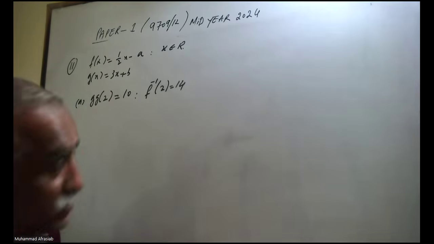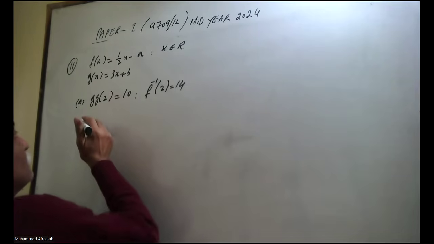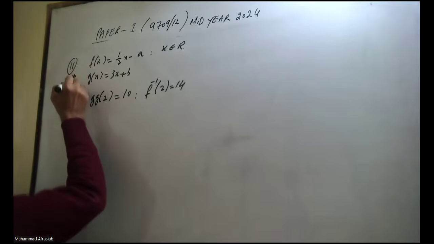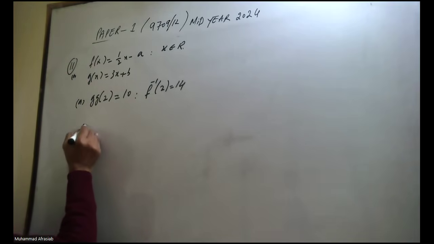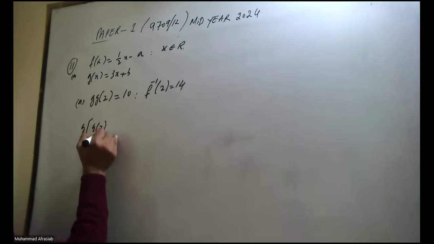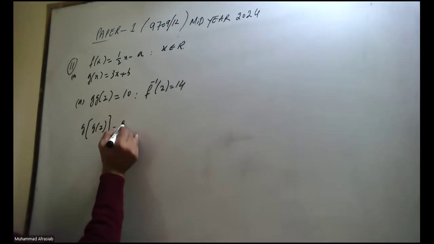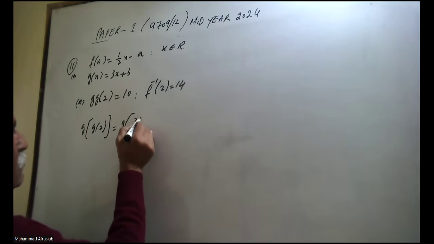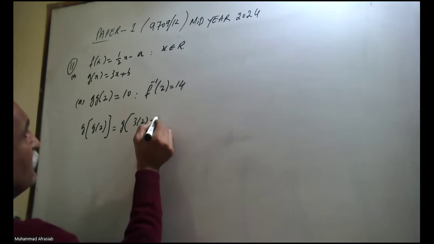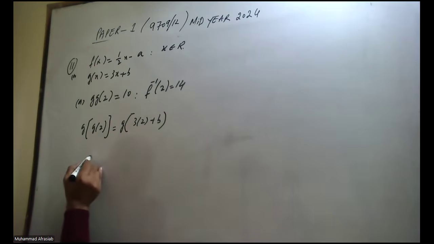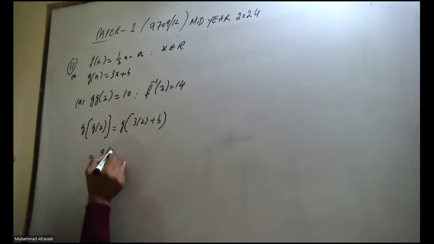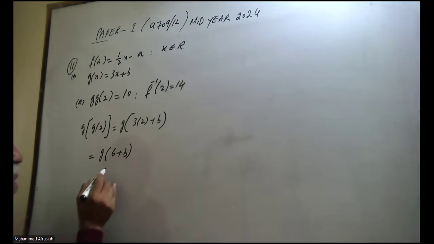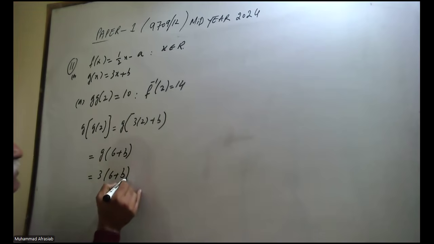So we know that g of 2. So first point, g of 2, that is equal to g as it is. g of 2 is equal to 3 into 2 plus b, or that thing is equal to g of 6 plus b. So that thing is equal to 3 into 6 plus b plus b.